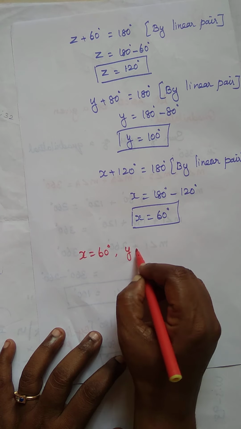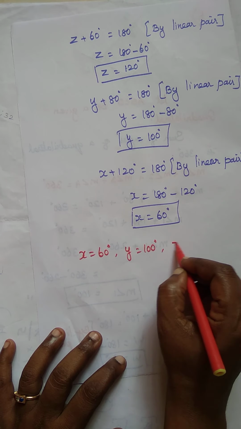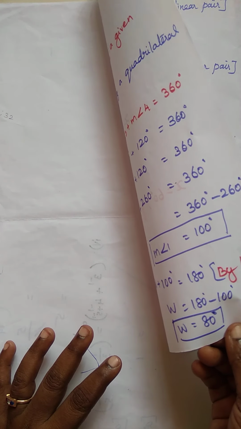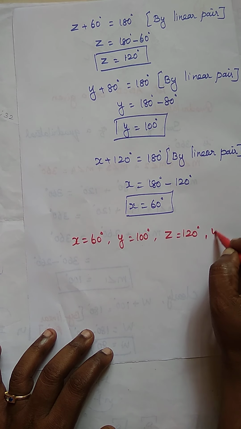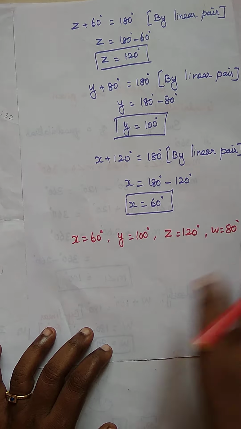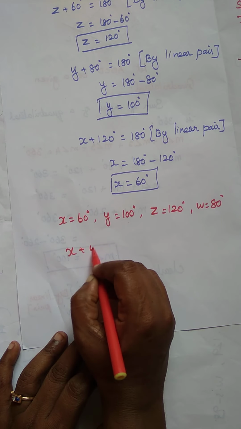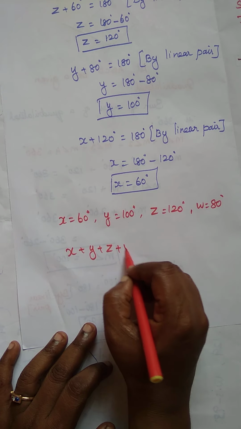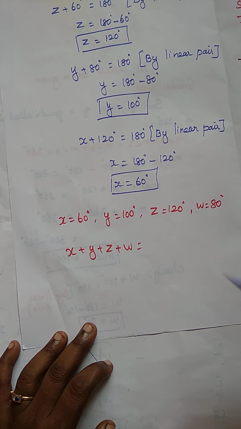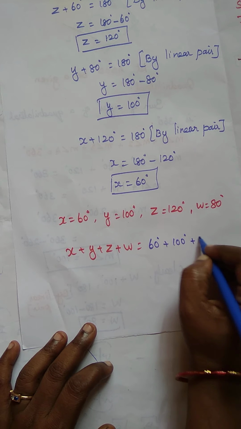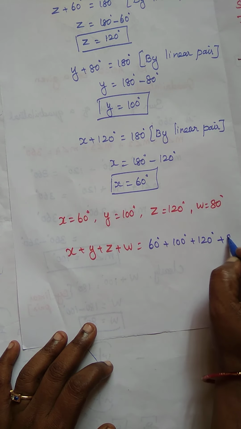Then y is 100 degree, z is 120 degree, then w is 80 degree. Okay. So the question is find x plus y plus z plus w. So now we write x is 60 degree plus 100 degree plus 120 degree plus 80 degree.